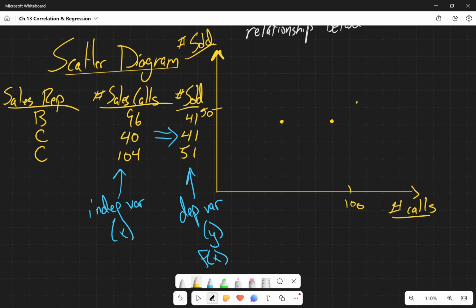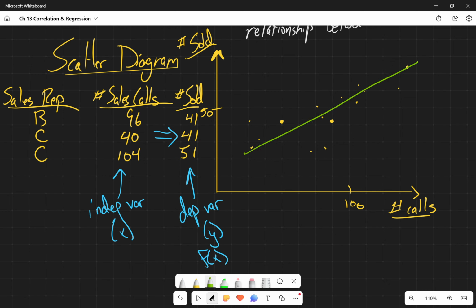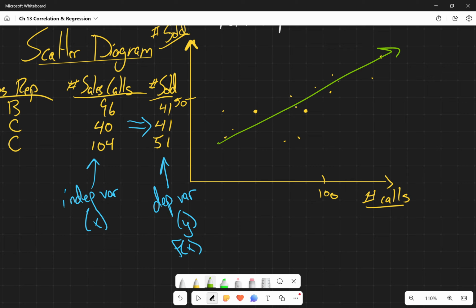And what we end up getting is something that looks like this. So we see here this kind of loose positive trend, right? And so we can just see visually that sales reps who make more calls tend to sell more copiers.